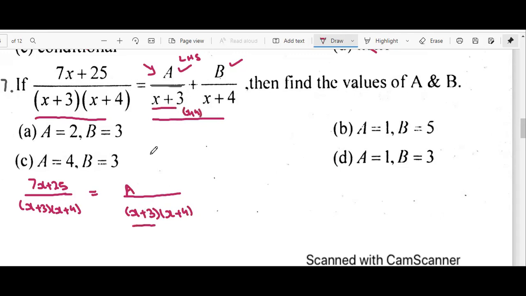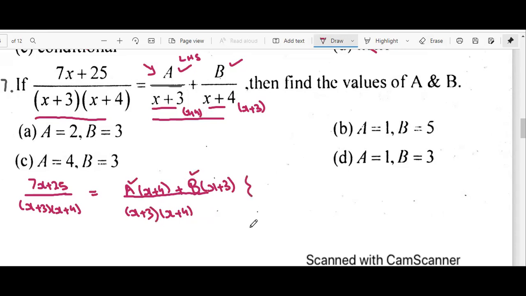So we multiply the same thing with numerator, that is x plus 4 with a. And when we talk about this x plus 4, we need to multiply x plus 3 just so we have this. So we multiply x plus 3 with b as well. So this is what we get. Okay. And now our denominators are same, so we can directly make comparison of the numerator in order to find the value of a and b.